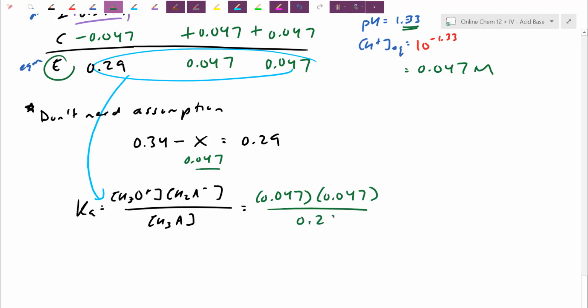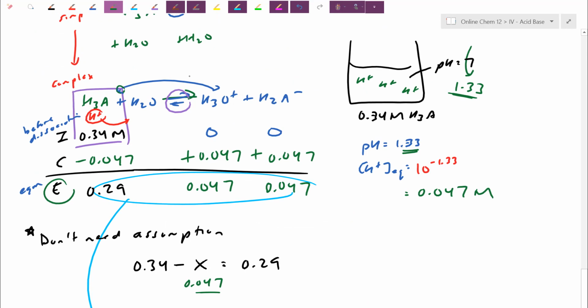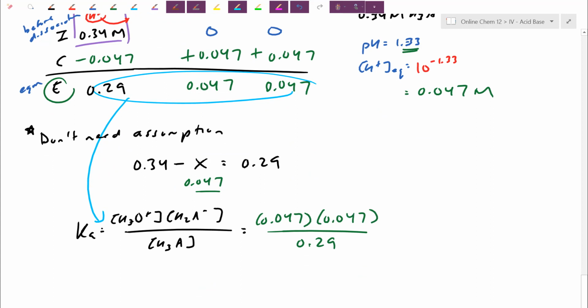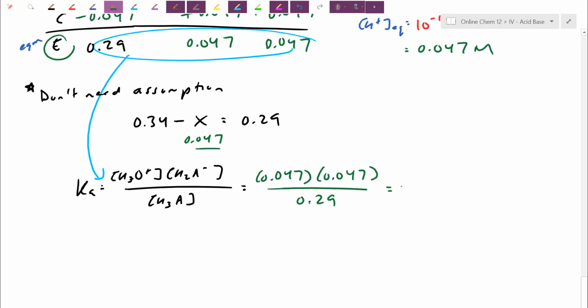If you take this box and figure out 0.047 actually chips off, I have a little bit less left over, but I know that number is 0.29. I'm going to take 0.047 times 0.047 divided by 0.29, which gives me this number here. The Ka constant is 7.6 times 10 to the negative 3, give or take a little bit of rounding.